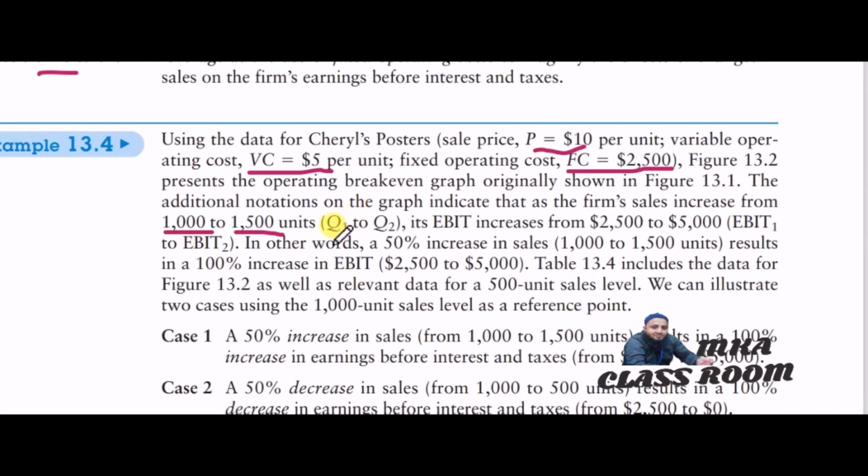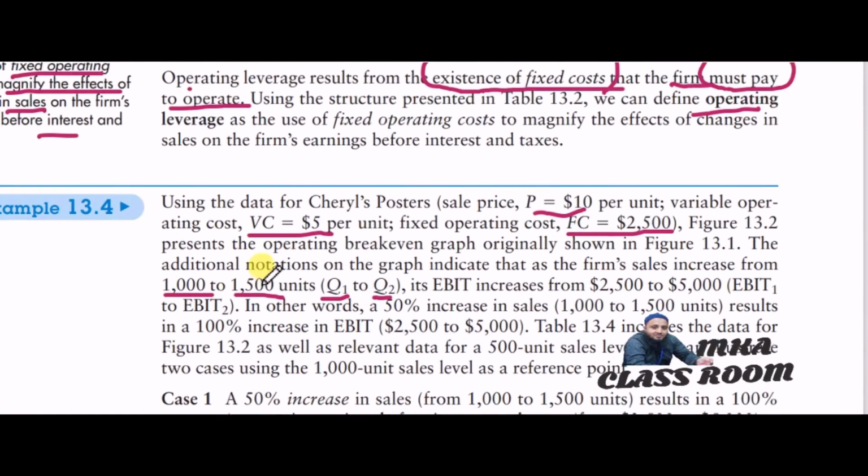That's here, Q1 to Q2, EBIT increases from 2500 to 5000, EBIT 1 to EBIT 2.